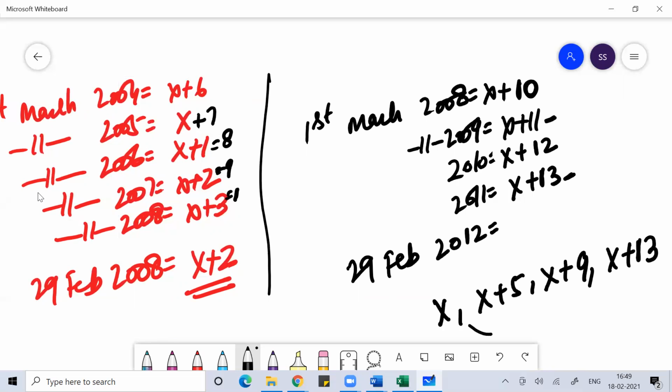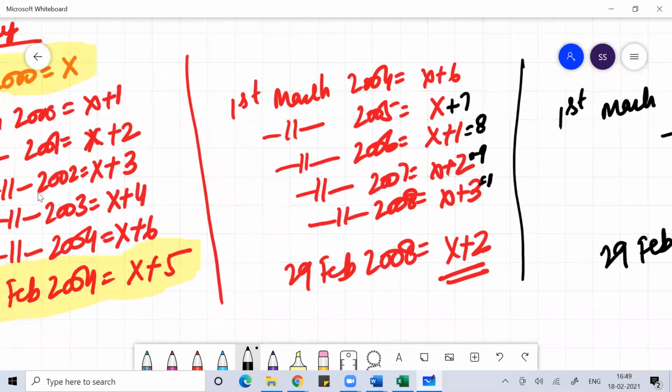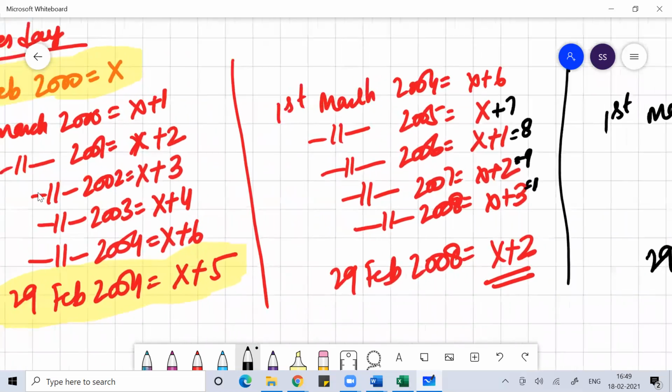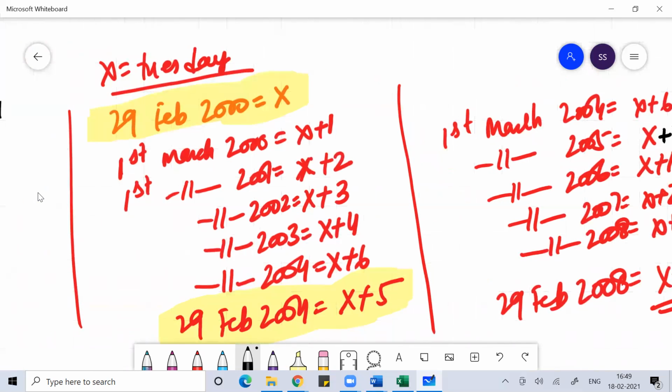So the gap is 5, then 4, and then 4. One minute, this is 2000, this is x plus 5. So 2000 first March is x first, then 1, then 2, then 3, then 4.